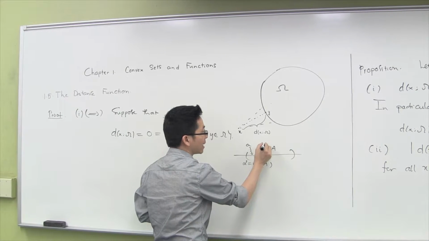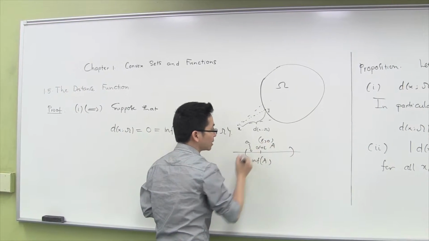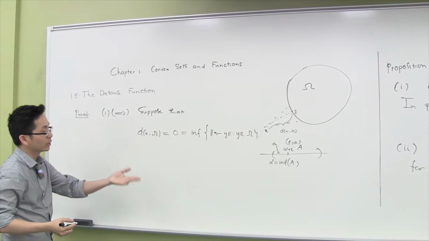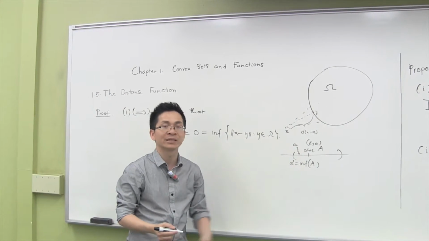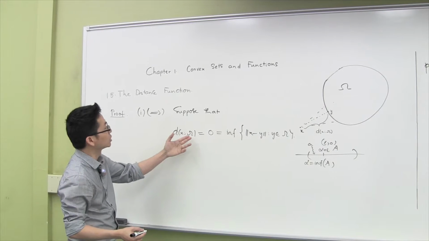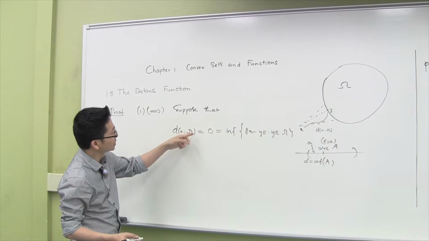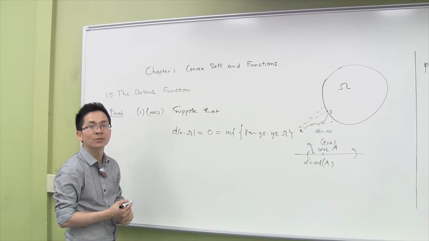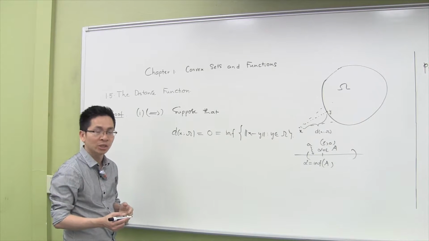Okay, so over here epsilon is greater than 0. Now we use this important property of the infimum in order to prove that if this condition is satisfied, then x has to be in the closure of omega.